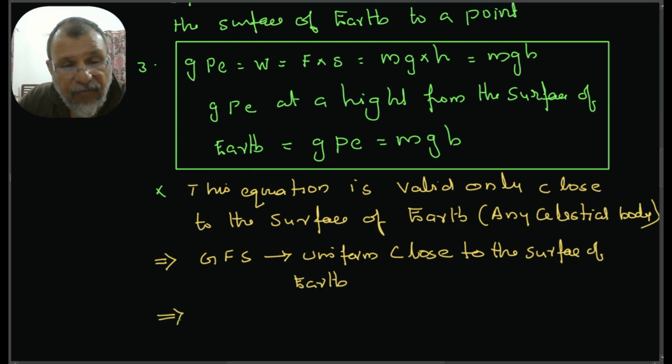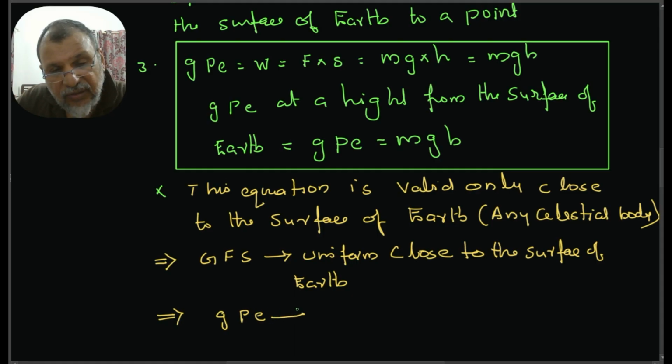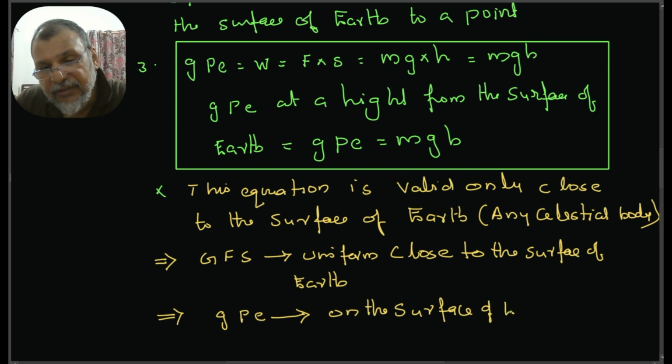The second thing: we have assumed that the gravitational potential energy of all objects on the surface of Earth is zero.